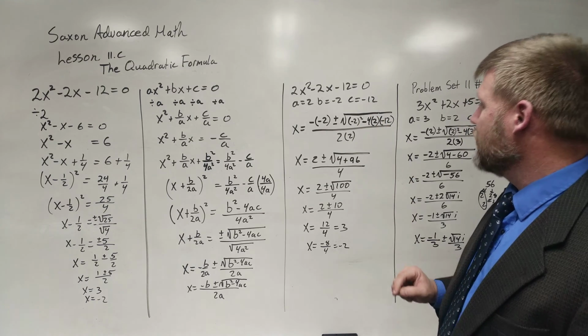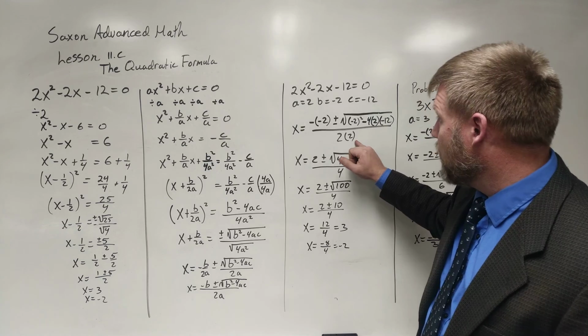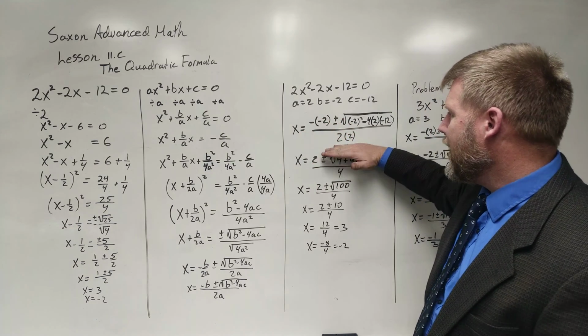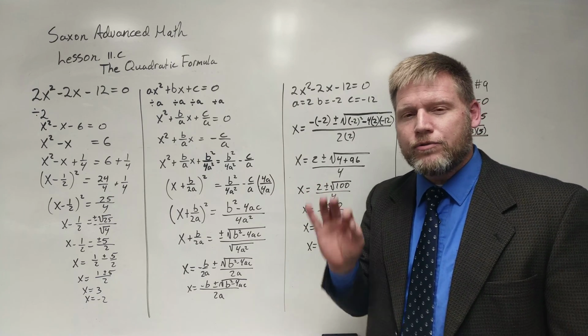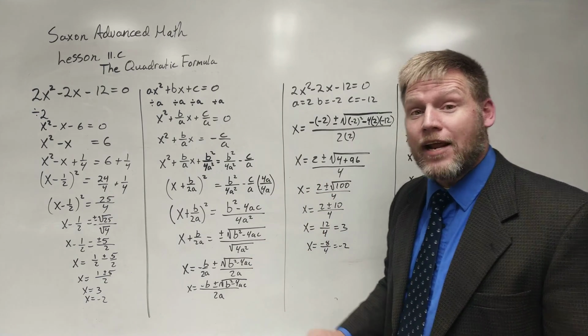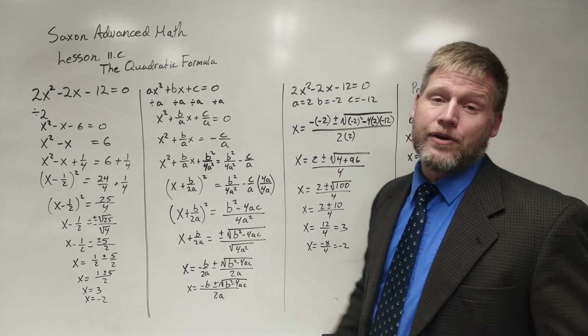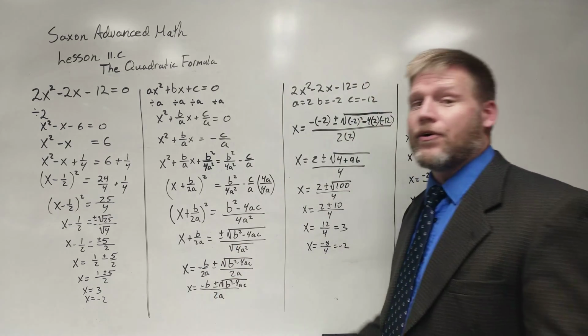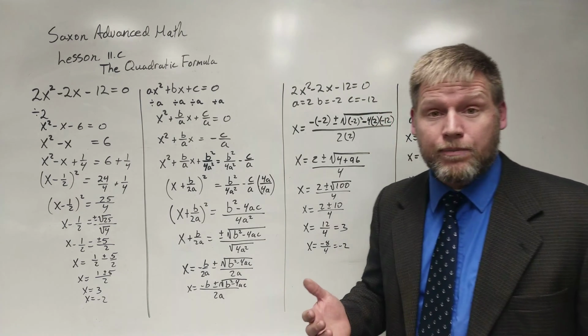Times c, which is negative 12. All this is over 2 times a. Well, a was 2. Now I have a form of my equation that's ready to go that I can do simple math with, instead of having to find the perfect square, add that, common denominators, move it to one side or the other, take the square roots of, and then add the plus or minus.